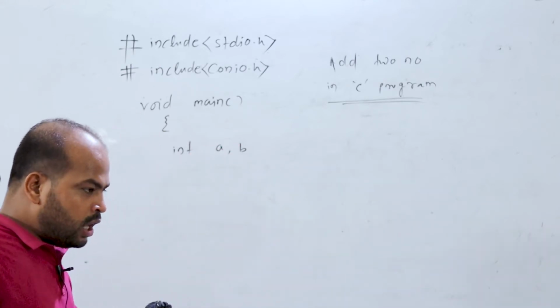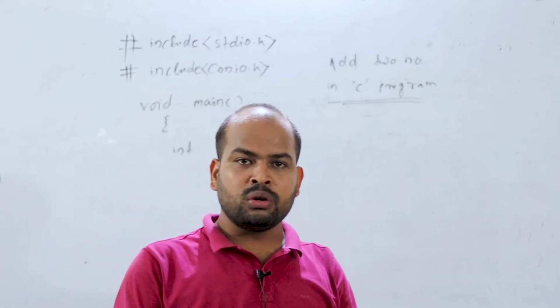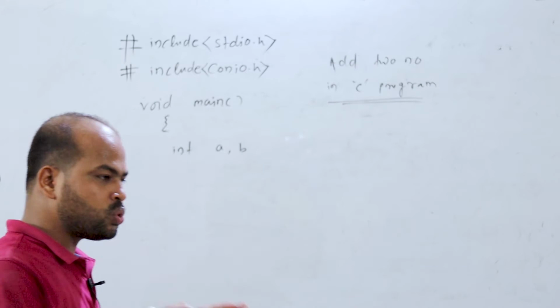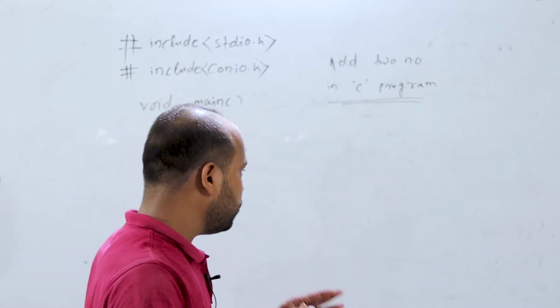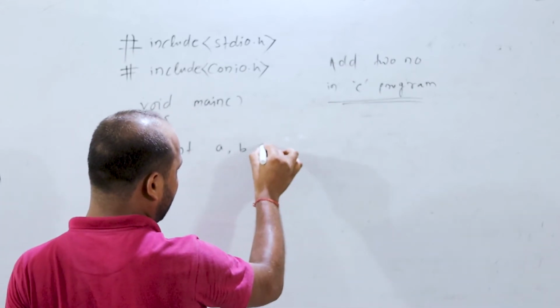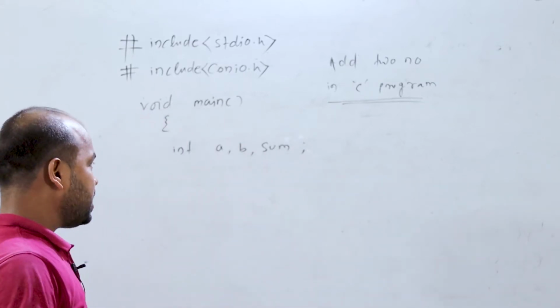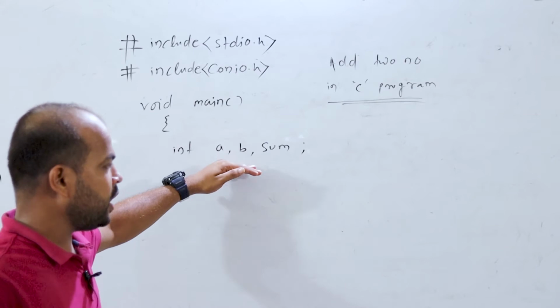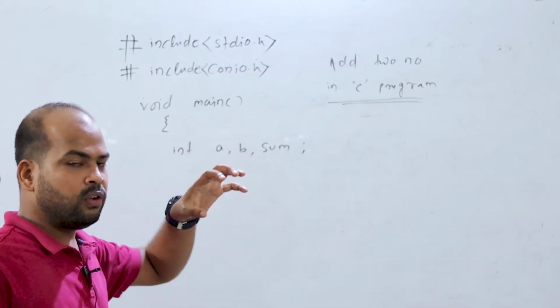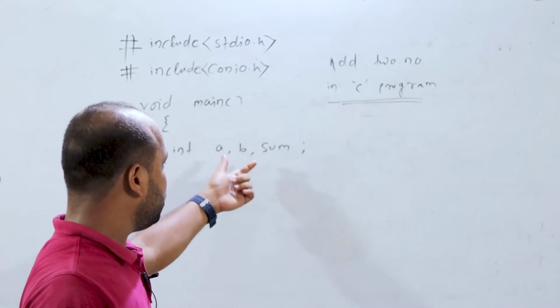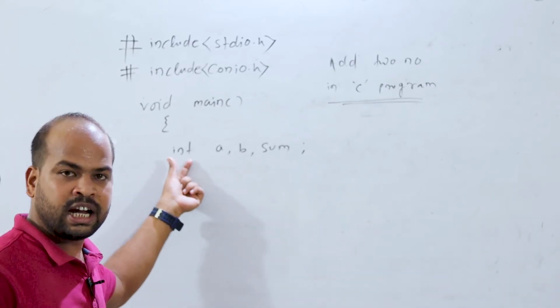Then after the addition, we also declare one more variable to store the addition value. Then I can write sum, which I can take as int. So first you have to declare variables to insert values. Whichever type of value you want to insert, you have to use the data type.